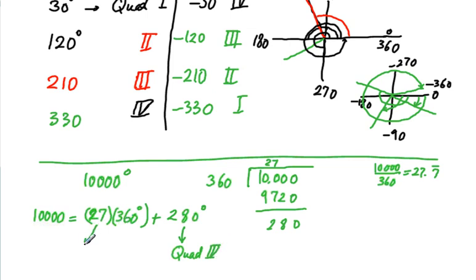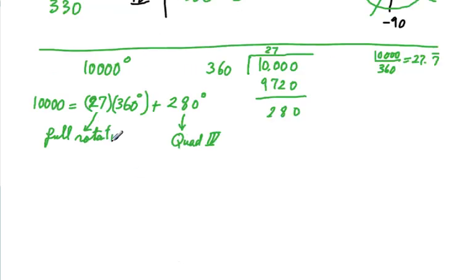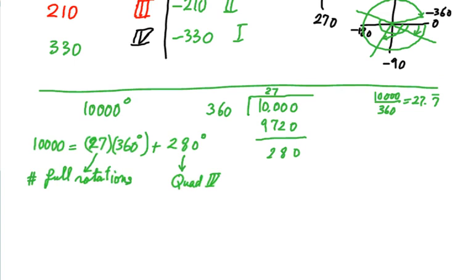So this is the number of full rotations. If the angle was negative, you have to be a little bit more careful as to what you're doing, but the idea is the same.